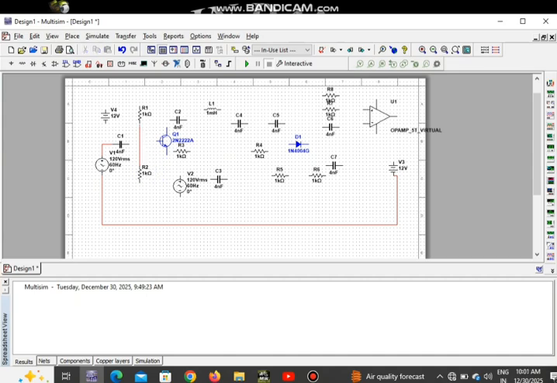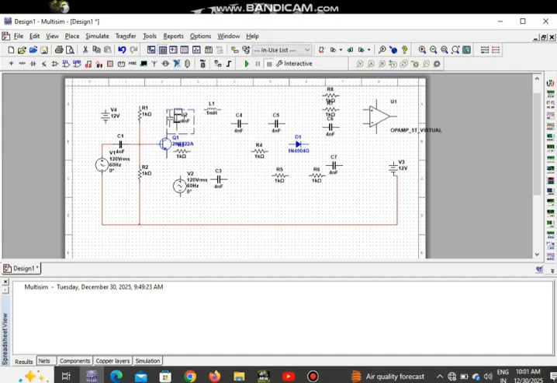R1 one end to R2 another end, R2 another end to negative. C1 join in the middle, transistor join in C, R2 and C point.